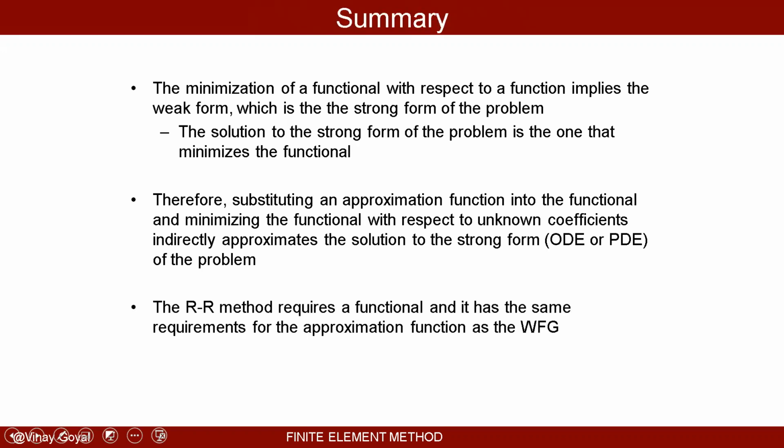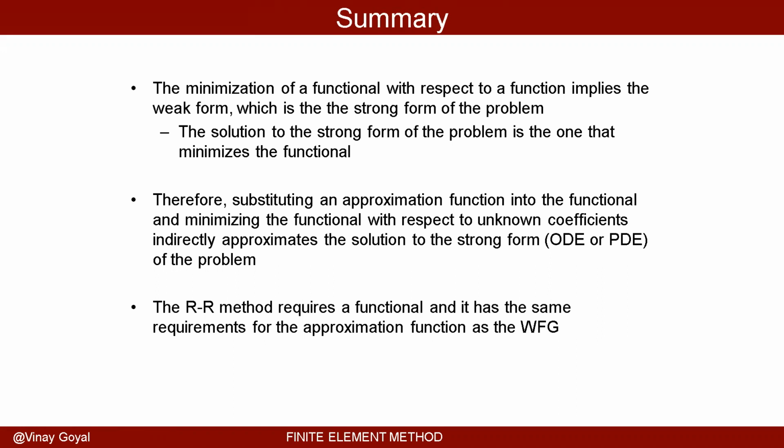So in summary, I covered the following. The minimization of a functional with respect to a function implies a weak form, which is a strong form of the problem. The solution to a strong form of the problem is the one that minimizes the functional. Therefore, substituting an approximation function into the functional and minimizing the functional with respect to the unknown coefficients indirectly approximates the solution to the strong form.